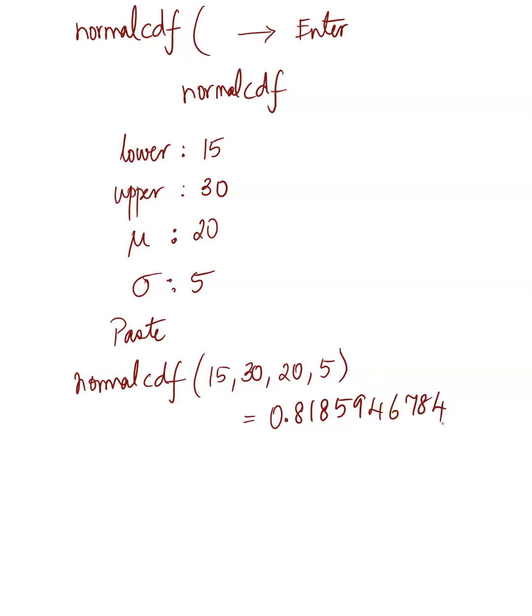Because it's a calculator, it's able to calculate that area more accurately, so it's giving us more decimal places. Nevertheless, let's round it and you get the same answer in an instant.